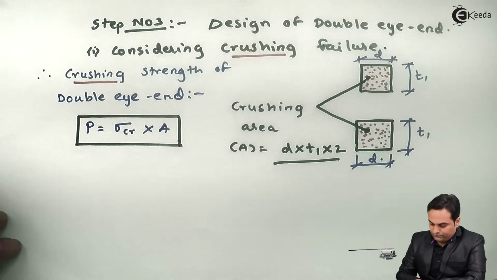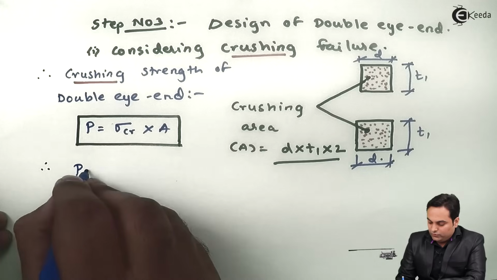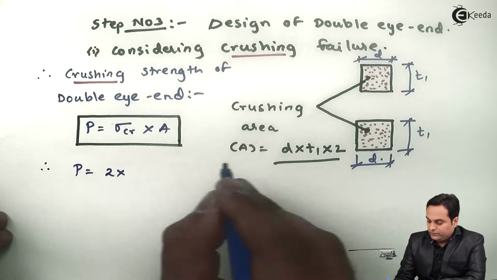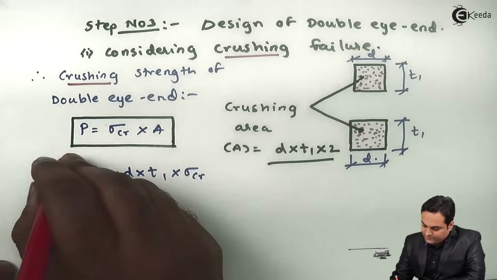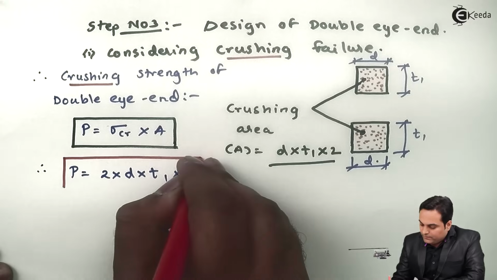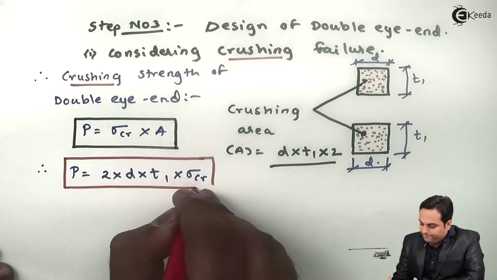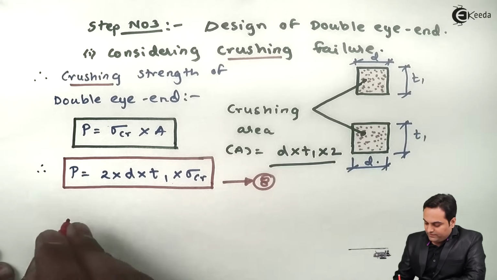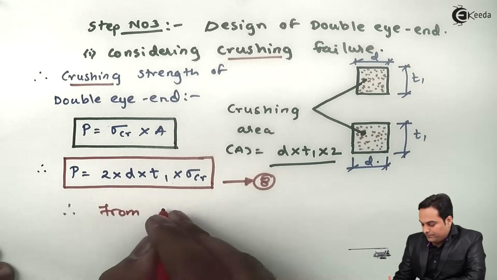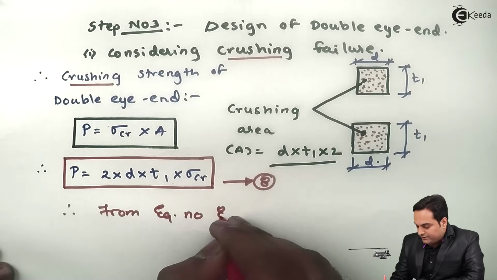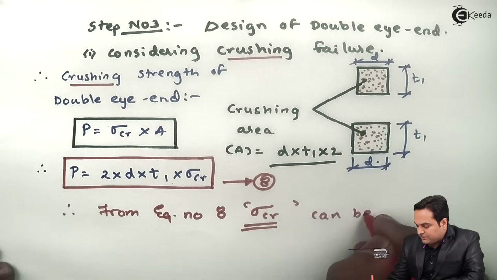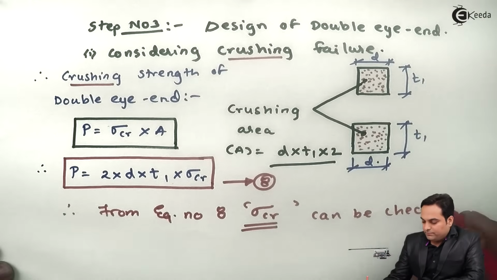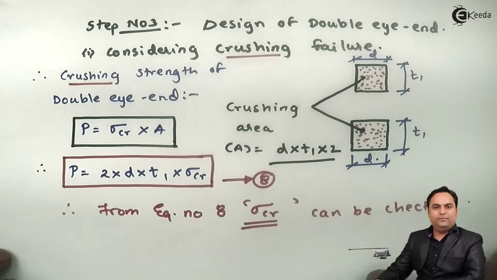So I'll say that P is equal to 2 into d into T1 into crushing stress. This is equation number 8, and from equation number 8, sigma CR, that is crushing stress, can be checked. So this completes our step number 3, that is, design of double eye end is over.